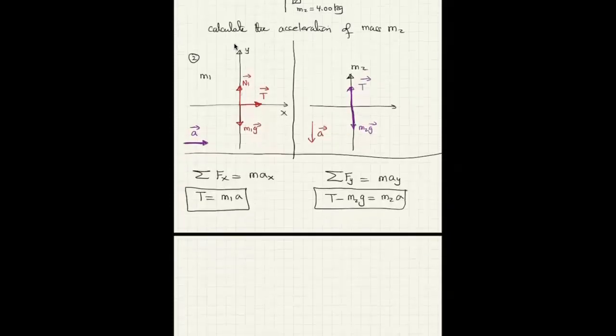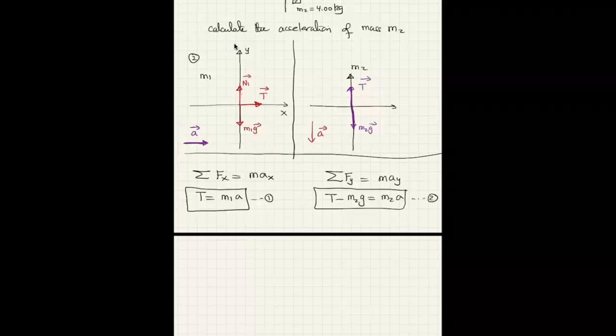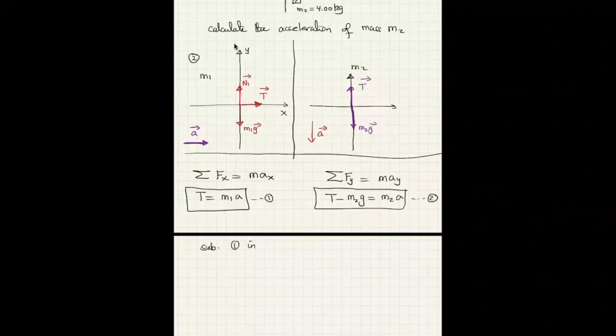I have two equations now with two unknowns. T is not known and A is not known. Then I need to find a way to substitute this value for T in this equation. This is 1, this is 2. Substitute 1 in 2.